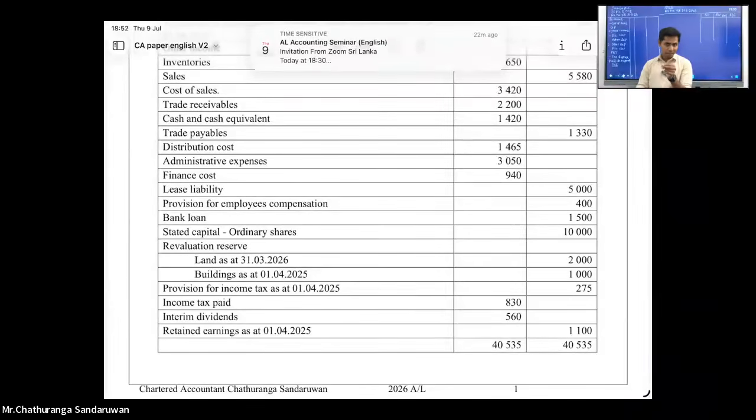So those are the items given in the trial balance. Just to get an idea, just read it, right, without figures.